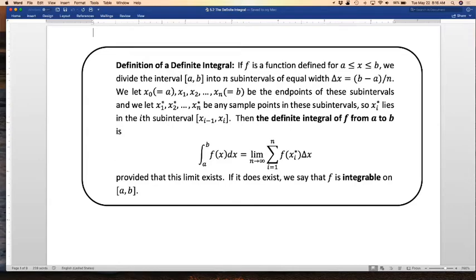Then, the definite integral of f from a to b is written as such. So this is the integral symbol there.